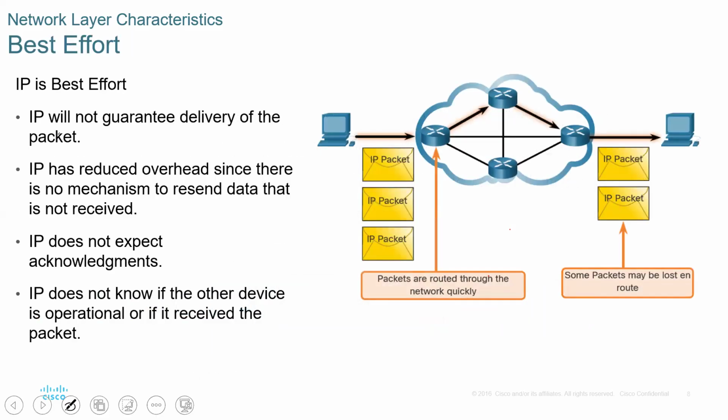When we say best effort, we're saying that the IP will not guarantee delivery of the packet. The message comes to this router, and this router can decide which way to send the packet. It can decide to send it here. So packets are routed through the network very quickly.